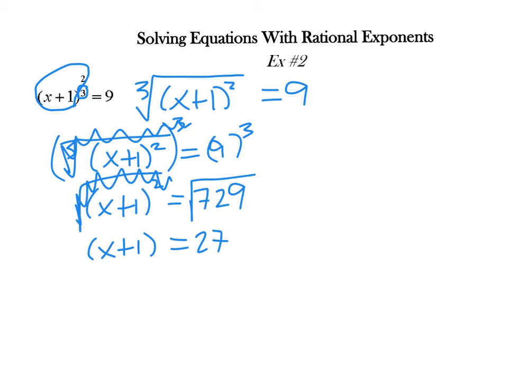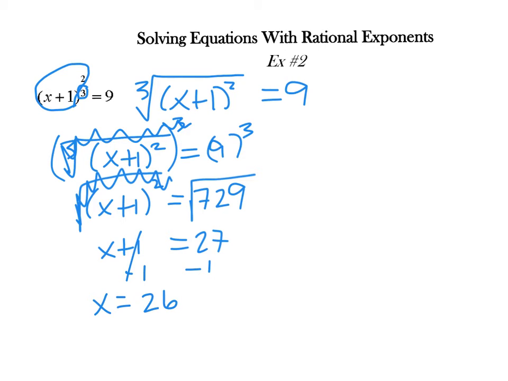This parenthesis can technically disappear since nothing is happening around it. When you solve for x, you subtract 1 on both sides. You're left with x equals 26.